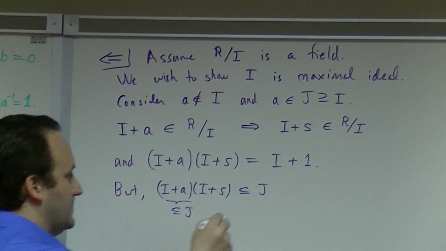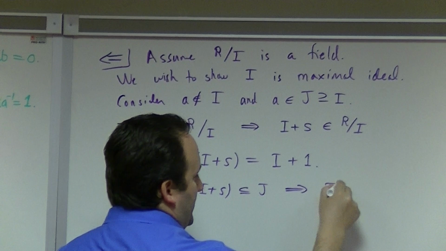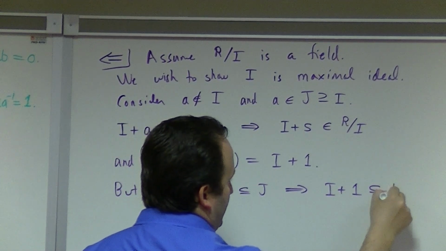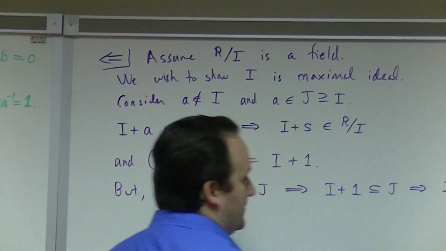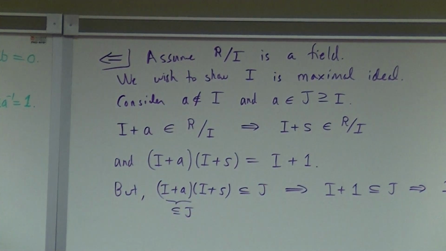But that means that I plus 1 is a subset of J, which implies that 1 is an element of J. Which means that J is the ring again, right?